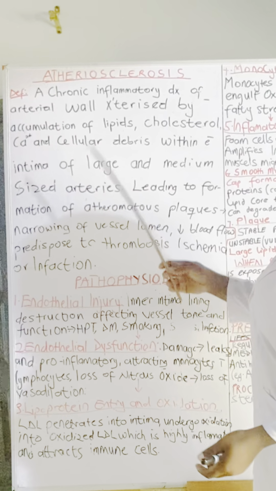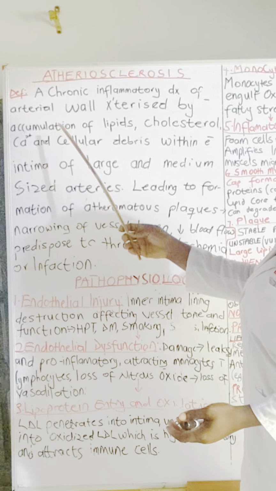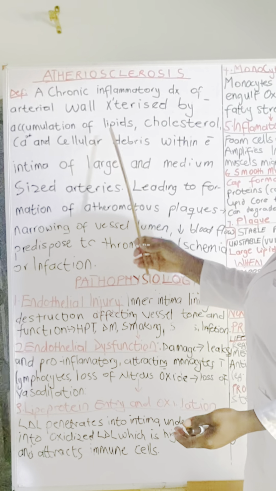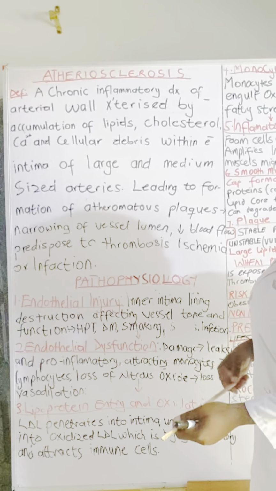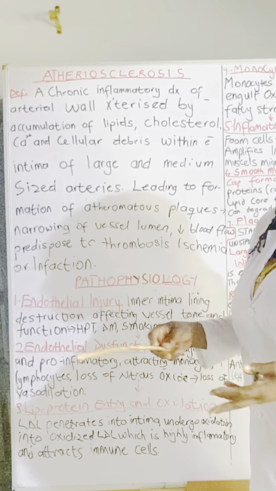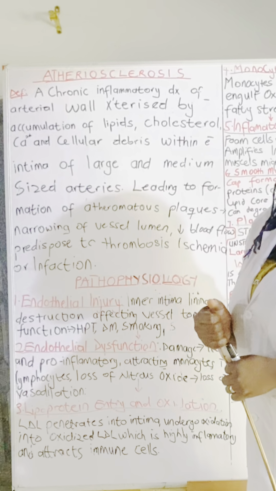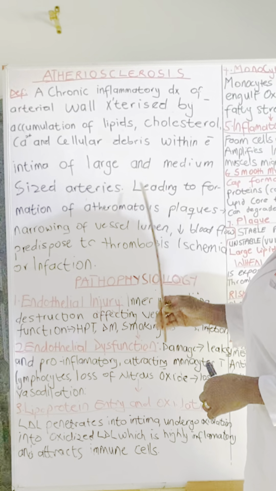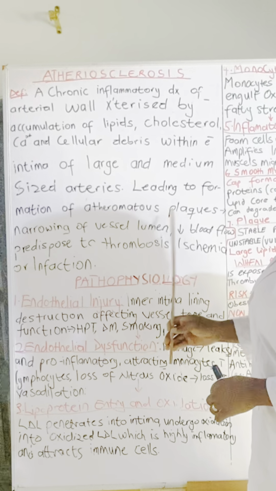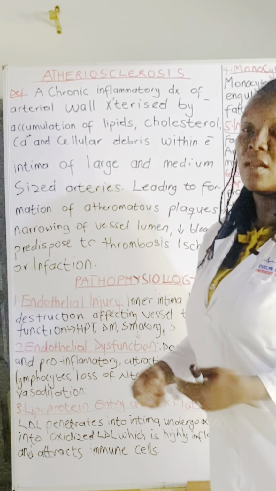Now what happens usually when there is chronic inflammation? This is characterized by the accumulation of lipids, cholesterol, and calcium inside the intima of the arteries, and this leads to atheromatous plaques, which cause narrowing of the arteries.